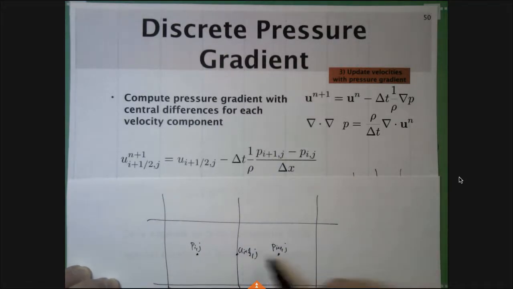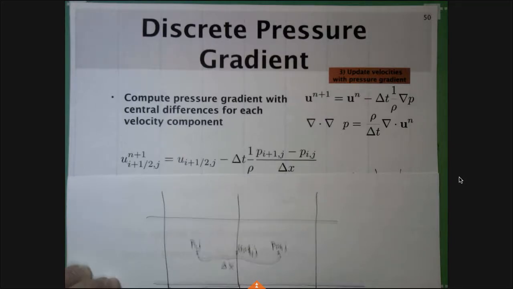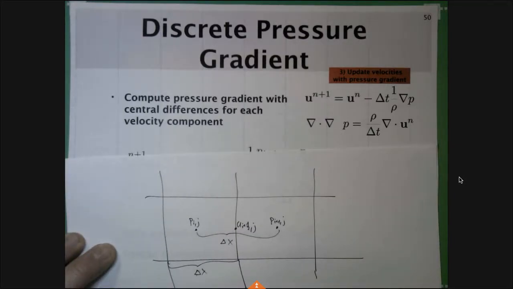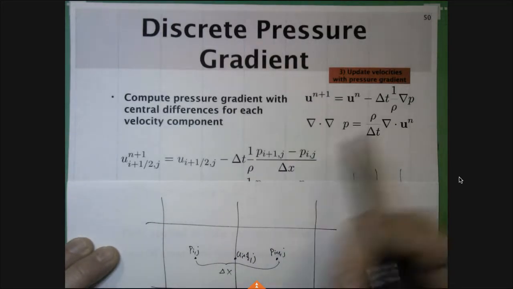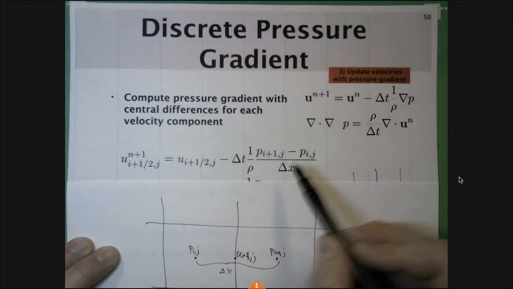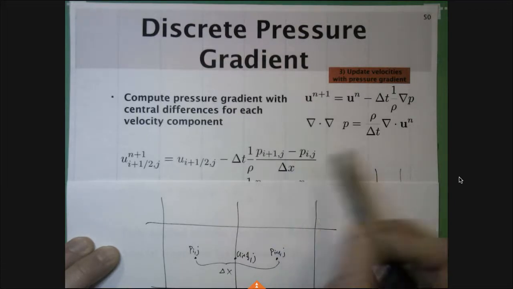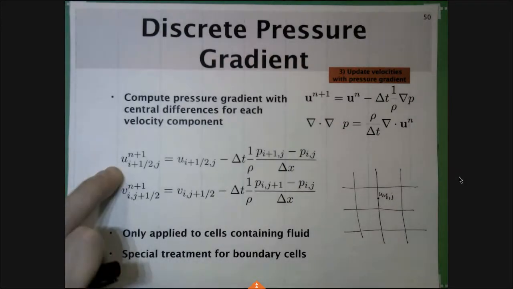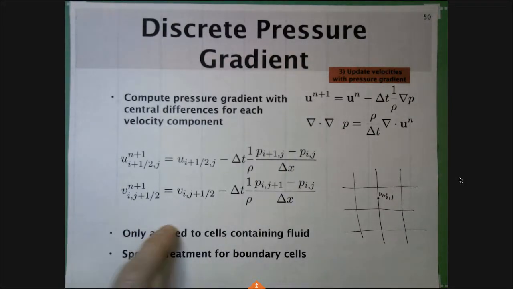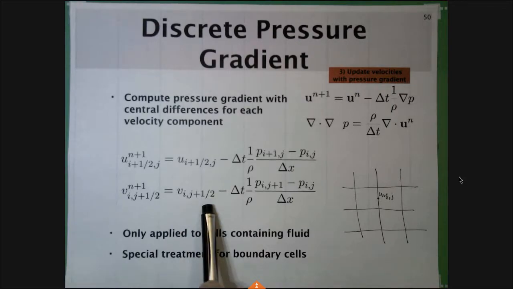This is delta x, the grid spacing. So this is the central difference approximation of the gradient of pressure, a discrete version of this. For the u component of the velocity, and for the v component it is the same thing in the other direction. So this is the discretized pressure update.